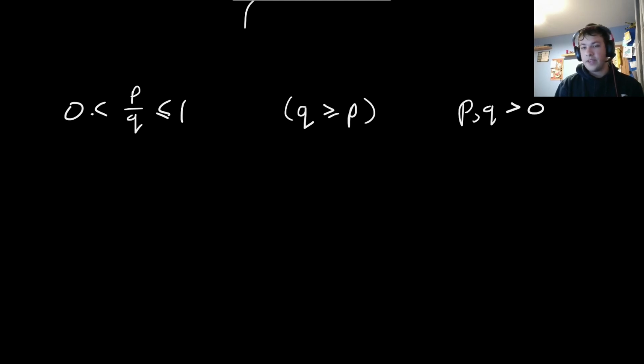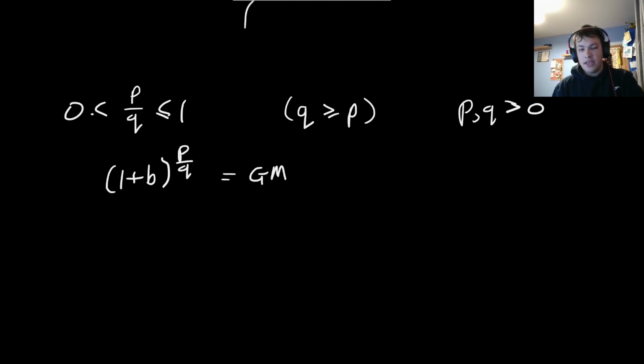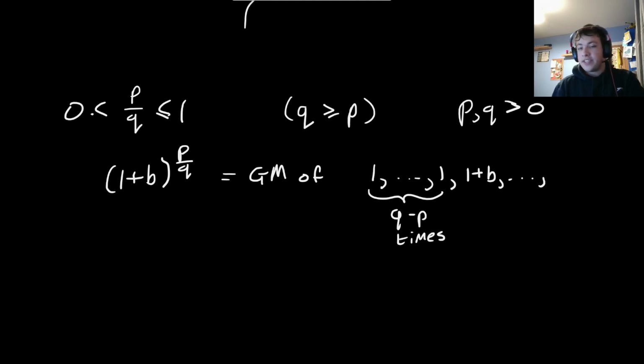And so that means that if 0 is less than p over q, which is less than or equal to 1, so q is greater than or equal to p, and we assume that p and q are both positive here, then 1 plus b, where b is any number we want, to the power of p over q, is the geometric mean of 1 repeated q minus p times, and then 1 plus b repeated p times, right?